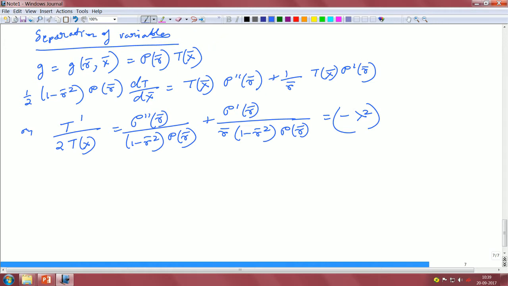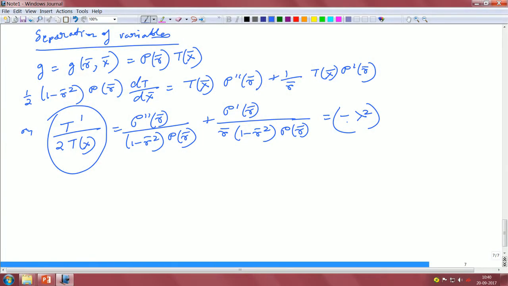Okay. Like as I said, plus lambda square would have also been mathematically correct. You can actually have a constant which is minus or plus lambda square. Now, in this particular case, if we put plus lambda square over here, look at the first term, that is t prime divided by 2 tx. If we take plus lambda square, this particular expression is actually going to blow up, because it would have been t prime plus, okay, minus lambda square into 2 tx.